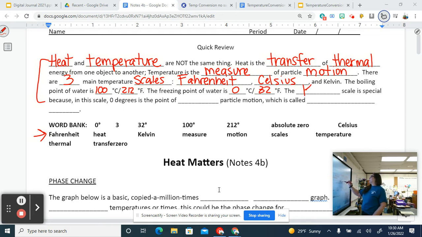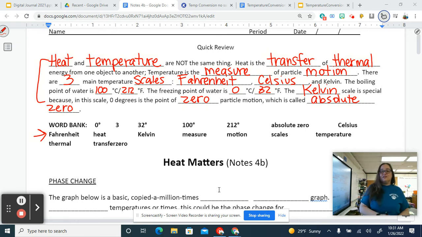The Kelvin scale is special because on this scale, 0 degrees is the point of zero particle motion, which is called absolute zero. And this was all stuff that we talked about in notes 4A. So make sure you've got that written down, and then we'll move on.